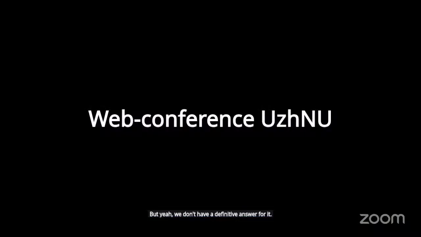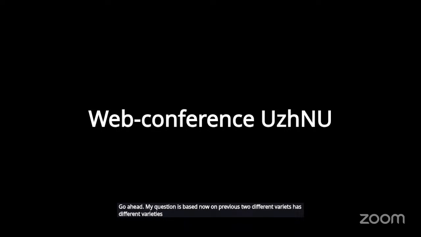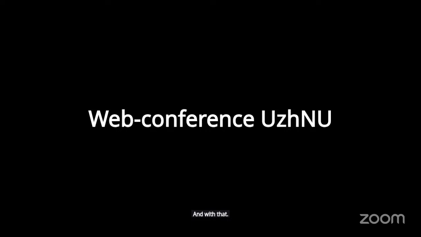Go ahead. My question is based now on the previous two. If different berries have different nutrients in them, and with that we can switch the berries in the population, what is faster for adaptation: a nutrient switch with sugar or protein difference?